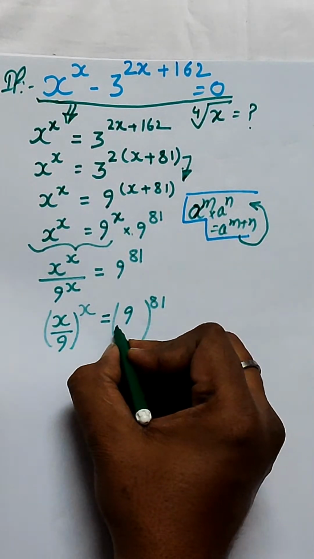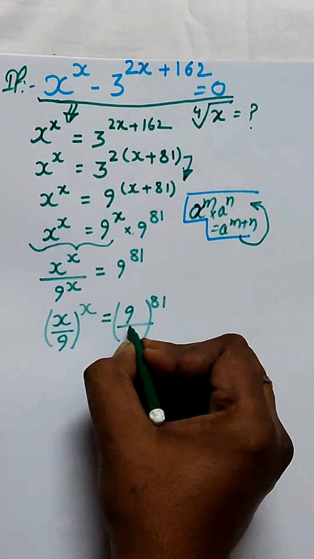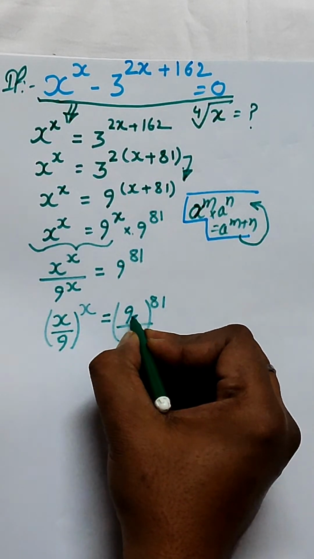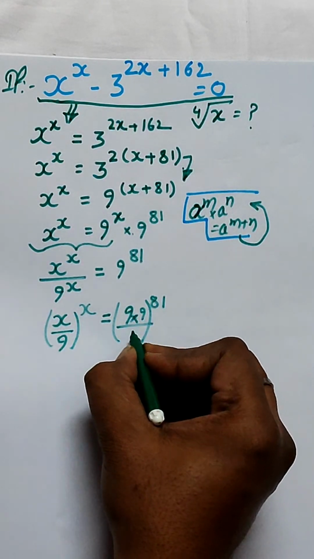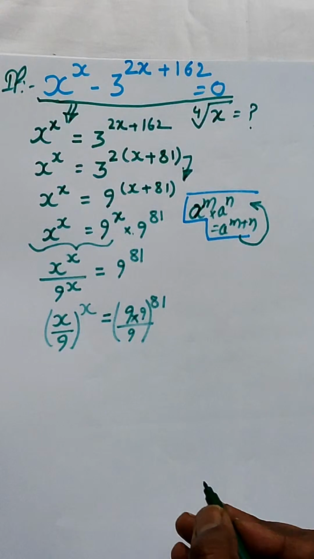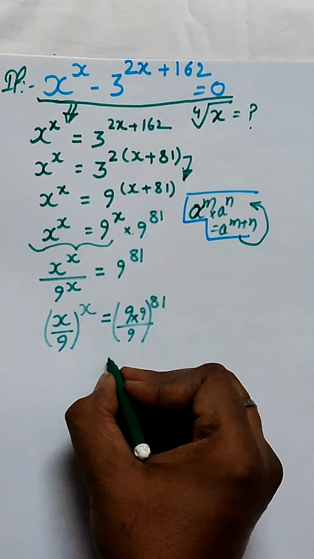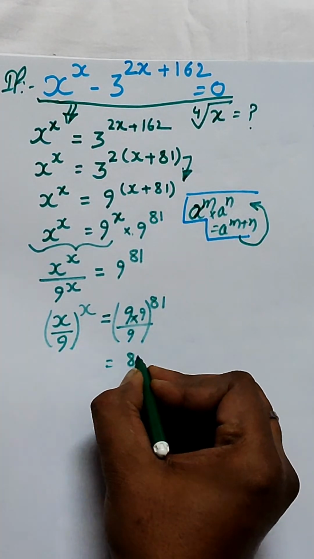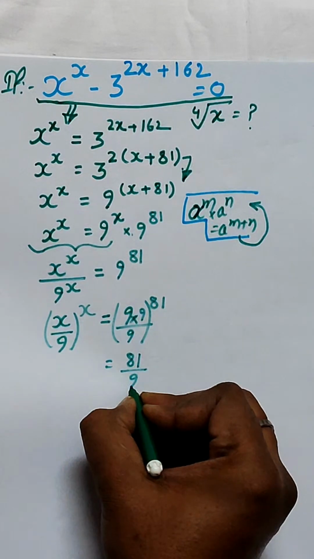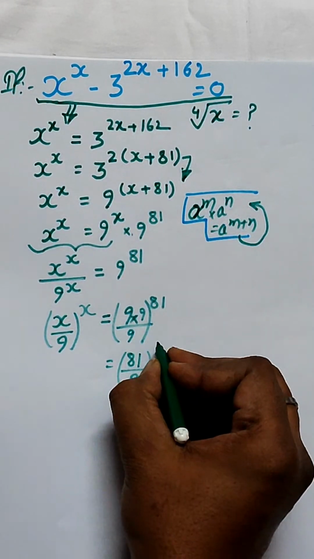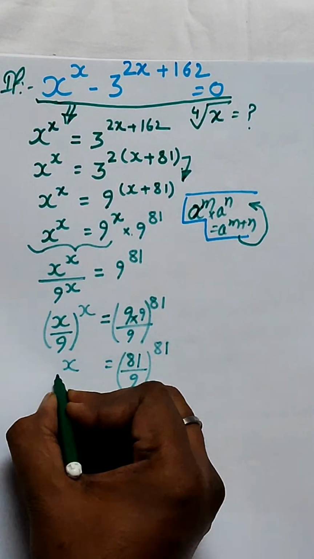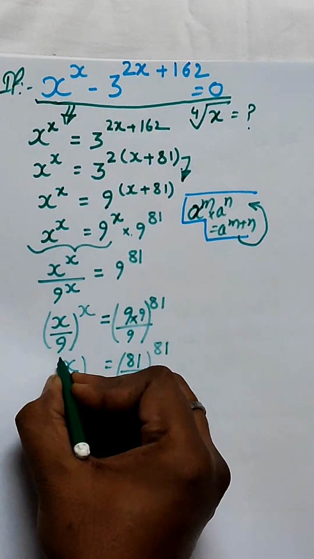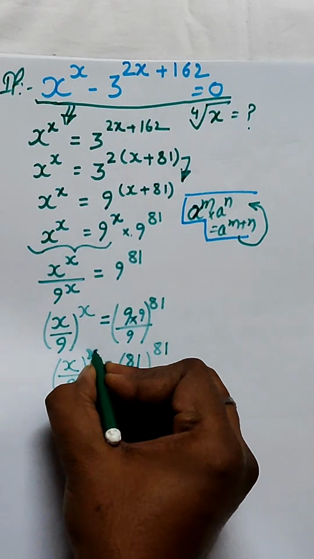To equate, multiply the RHS number inside the bracket with 9 in the numerator and 9 in the denominator. What you will see is on the RHS we get 81 by 9, and the exponent will be 81, and on the LHS it will be x by 9 power x, right?